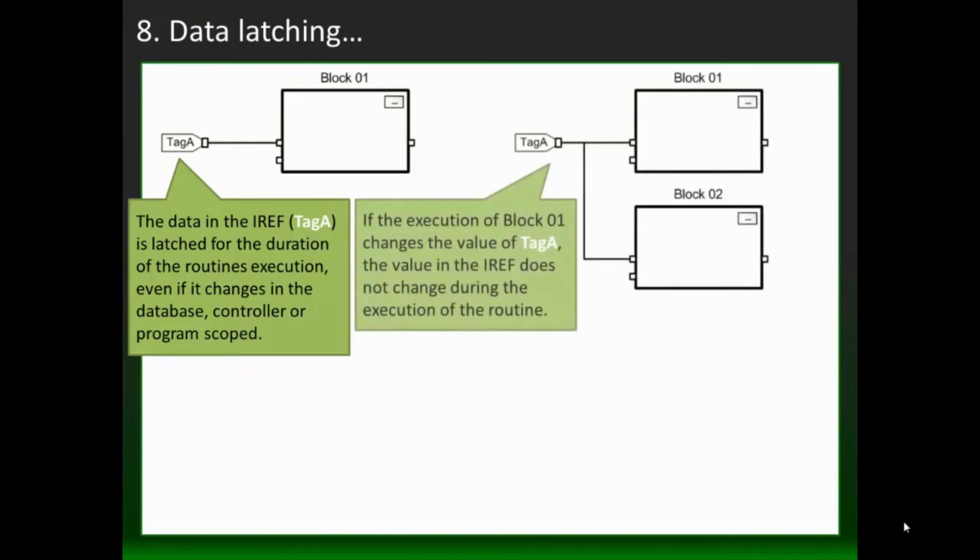In this case, if the execution of block 1 changes the value of tag A, the value in the input reference does not change during the execution of the routine. Because you're going to execute block 1 before block 2, if block 1 took tag A, changed the value, in other words, it created a new value based on tag A, and then had an output reference back to tag A, tag A as an input reference for this sheet will not change during the execution.